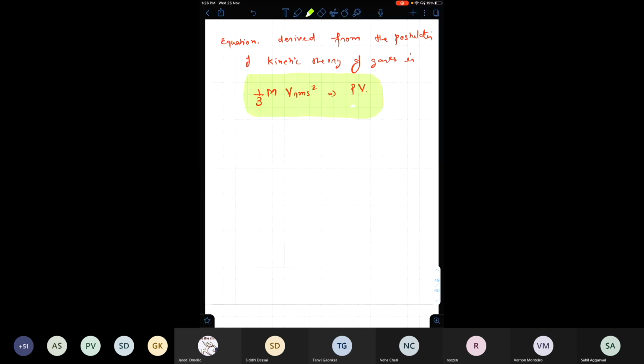Okay. For ideal gas, PV is equal to nRT. So you can write 1 upon 3 m Vrms whole square is equal to nRT.